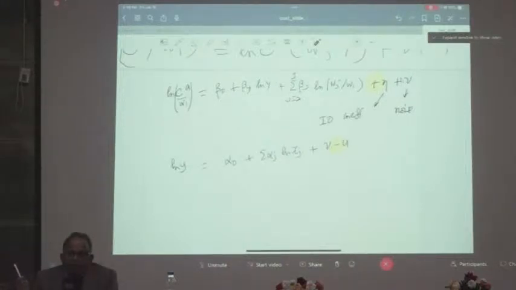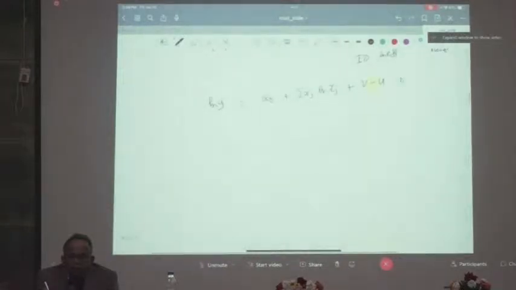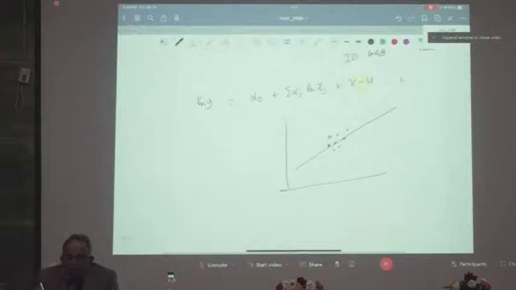What do we mean by that? That means you can draw a line. So if I give you a bunch of points like this and say, well, fit a line, you will be fitting a line, but you are not going to be very comfortable with that. Because if I add one data point, the line might change.